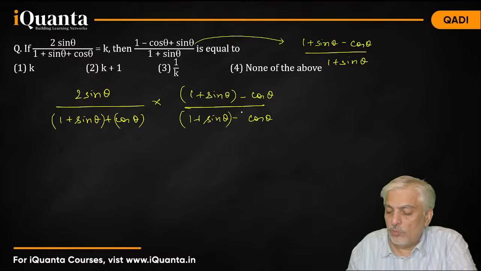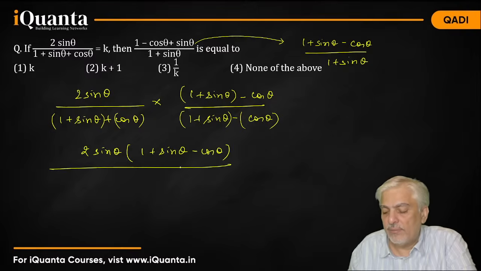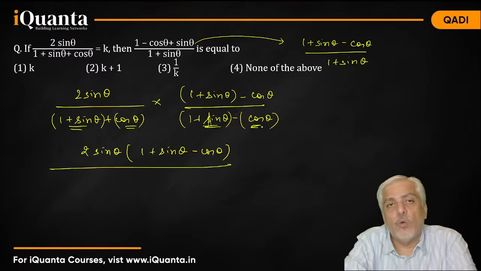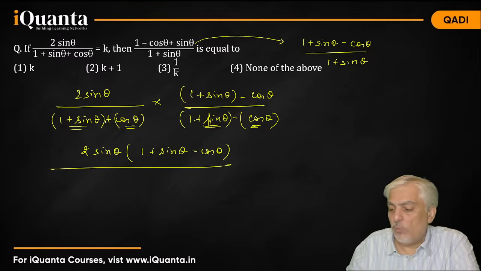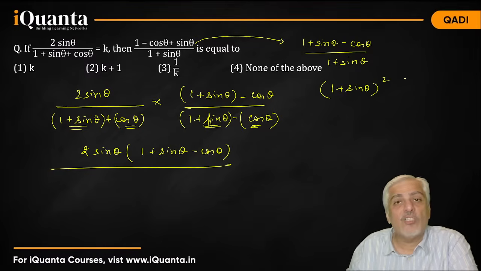Now, the numerator will remain as it is. Don't do anything to the numerator: 2 sine theta upon 1 plus sine minus cos. Denominator will become (a plus b) into (a minus b). What is (a plus b) into (a minus b)? A square minus b square. So I'll get (1 plus sine theta) the whole square minus cos square.